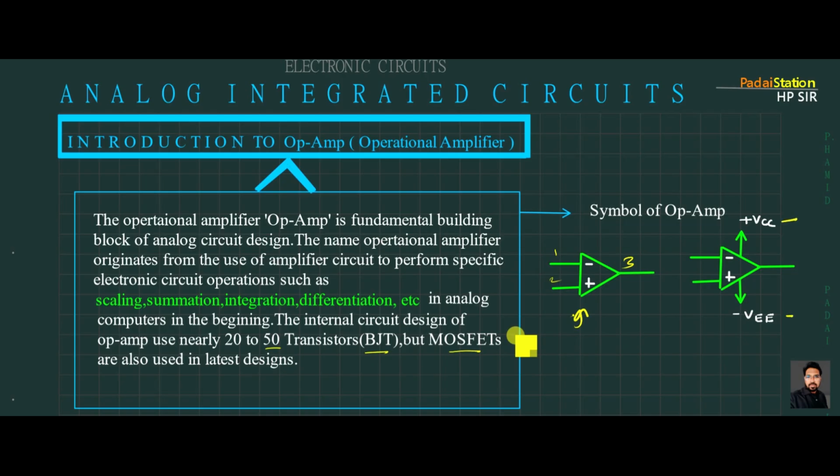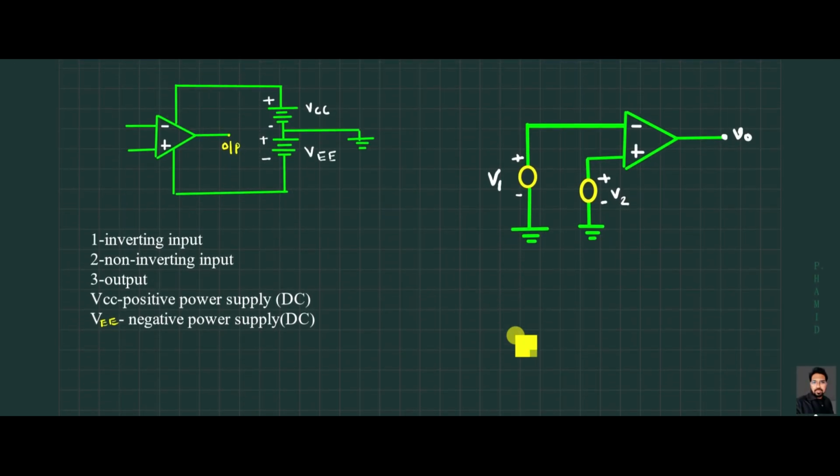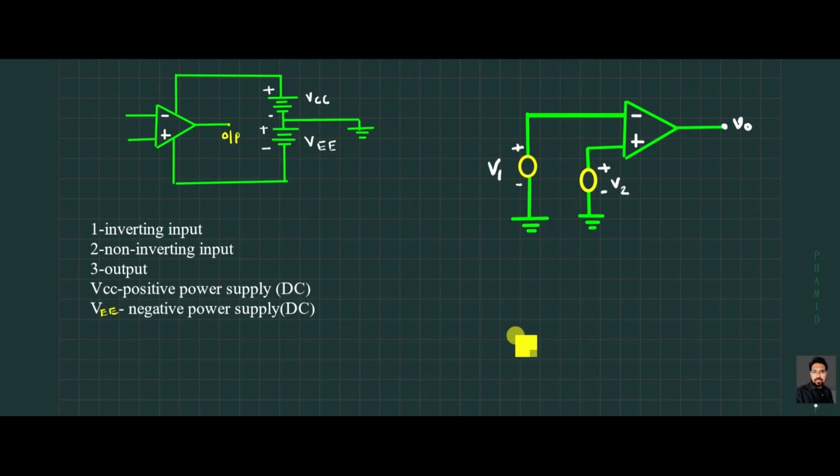And what is this power supply? These are biasing voltages, so this is called biasing. As the op-amp is a semiconductor IC made using transistors, to turn on semiconductor devices we need a DC voltage as a biasing voltage.